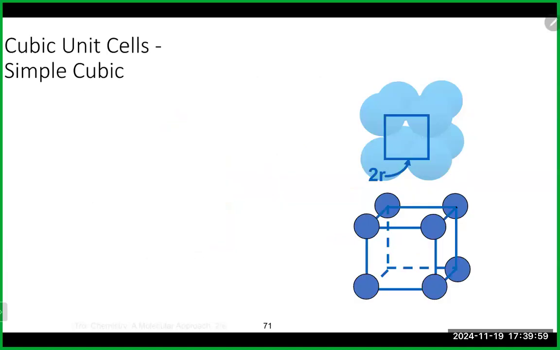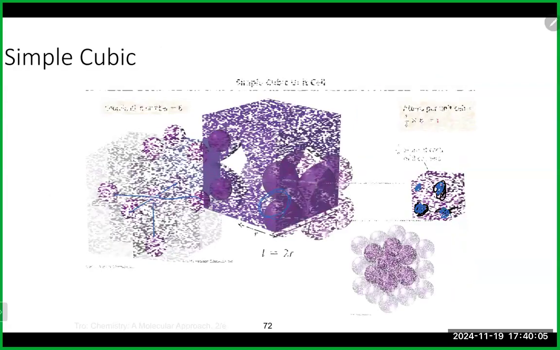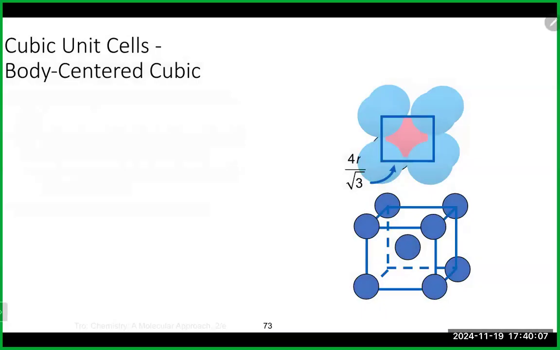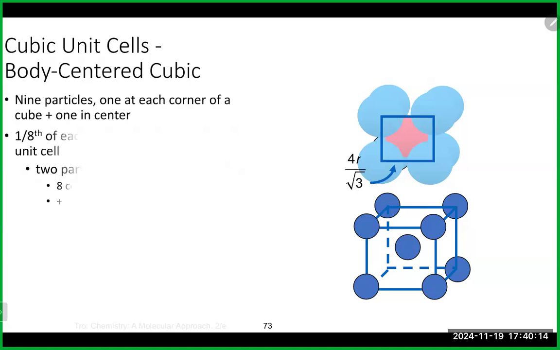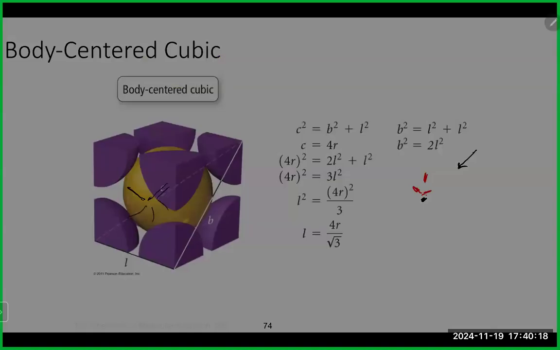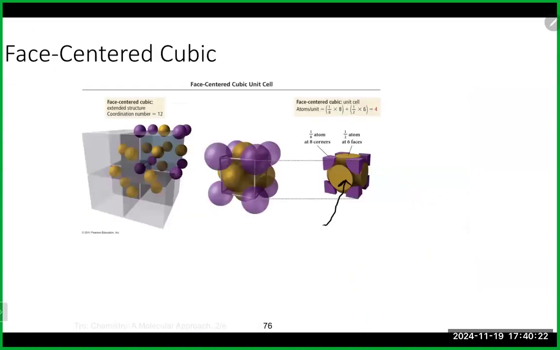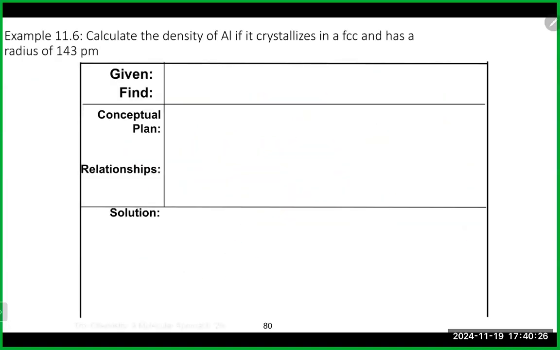So 2R for our simple cubic, and 4R divided by the square root of 3 for our body-centered. And then the last one, face-centered, is 2 times R times the square root of 2.